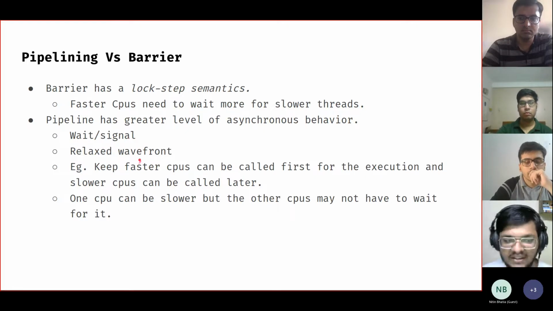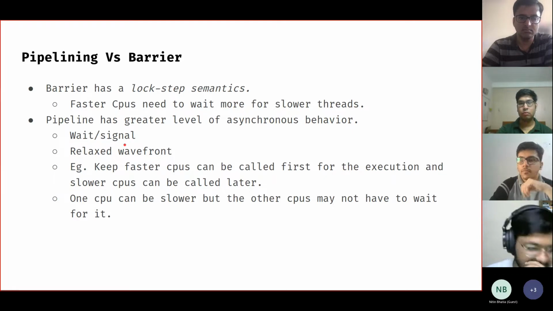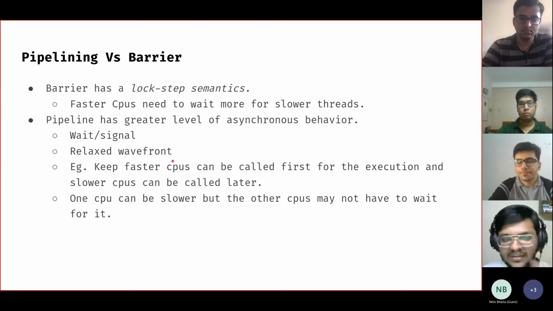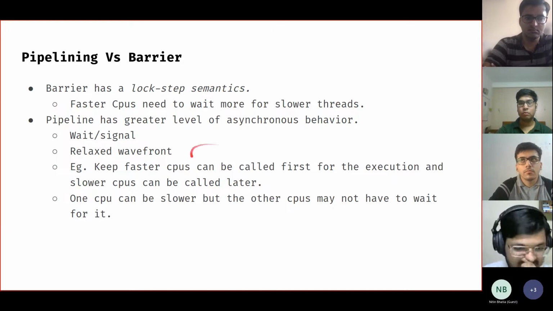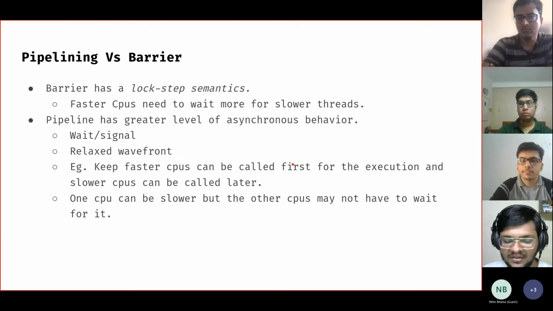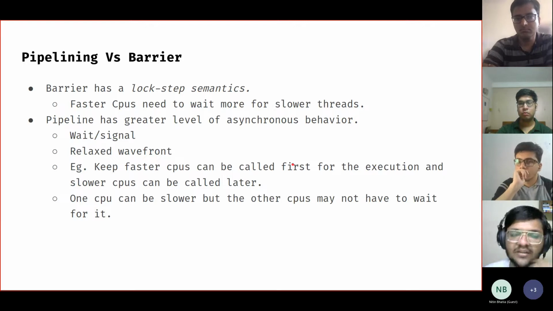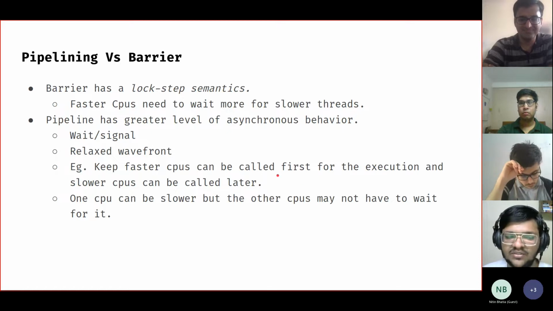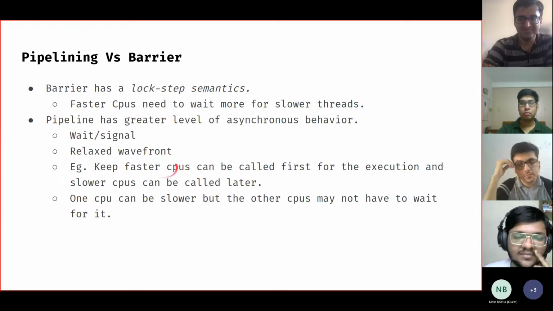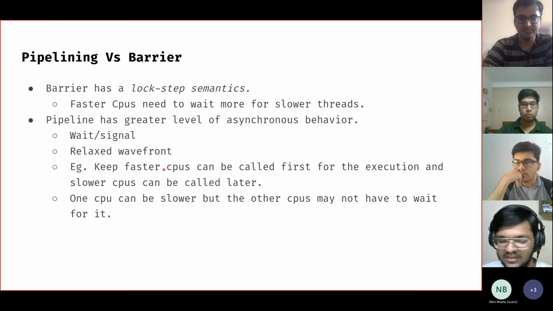So it is kind of a relaxed wavefront, where we keep signaling the next CPU, and the execution keeps moving forward. In this type of case, if we have some CPUs that are faster or slower, we can keep the fastest CPUs ahead. We can call them first, keep them at the front of the execution, and call slower CPUs later, so that faster CPUs don't need to wait for that CPU.